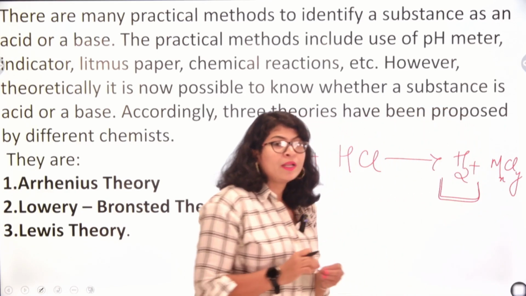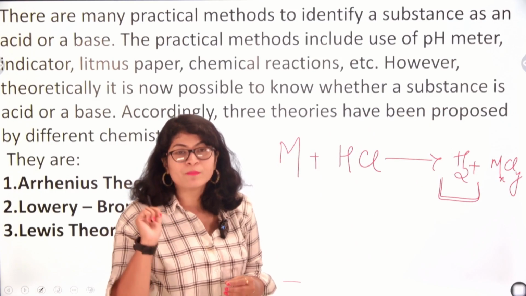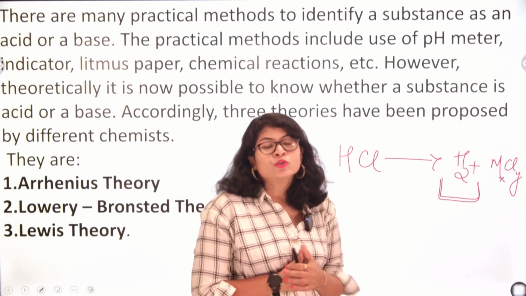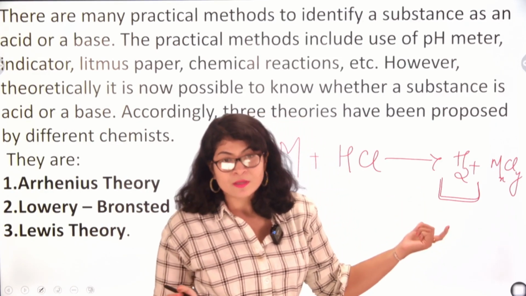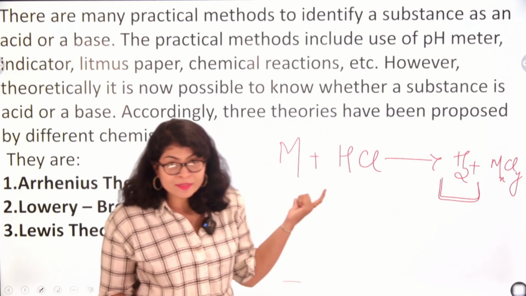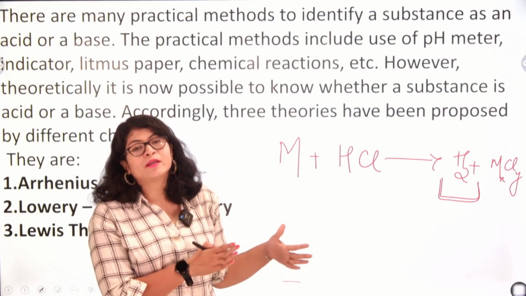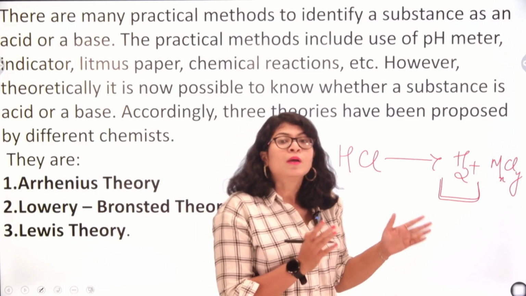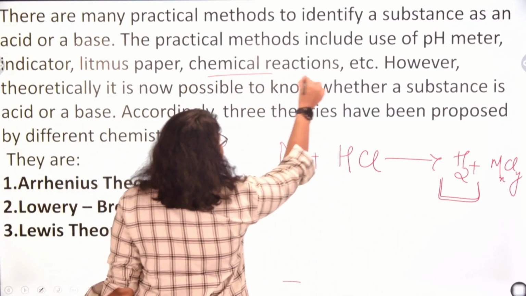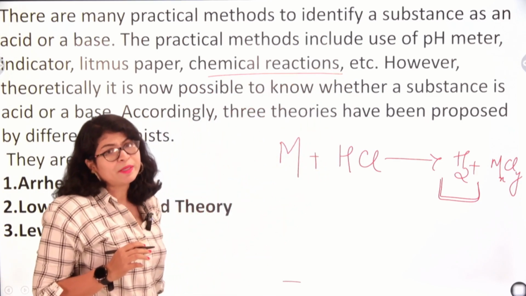If I take a burning matchstick to the mouth of the test tube, it burns with a pop sound. That's the characteristic of hydrogen gas. So if I'm testing positive for this, then this class of compound is an acid. And if I'm not getting this reaction, it might fall under the category of bases. So chemical reactions can also be used as a method to distinguish acids and bases.